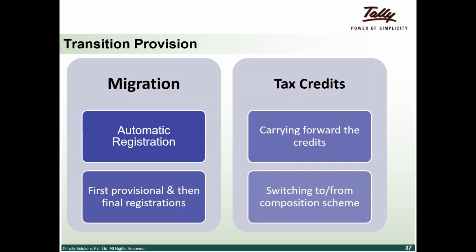Basically, as far as the registration front, the existing registrations will automatically be registered as GST registrations. First we will get a provisional registration, and then it will be a final registration. Input credits: whatever input credits are available as on 31st March, they can make use of in the GST payments also.